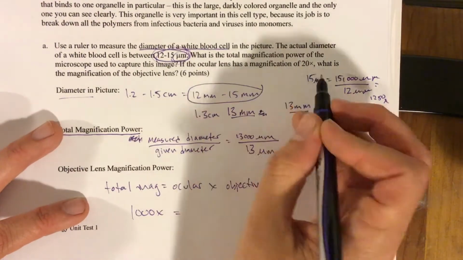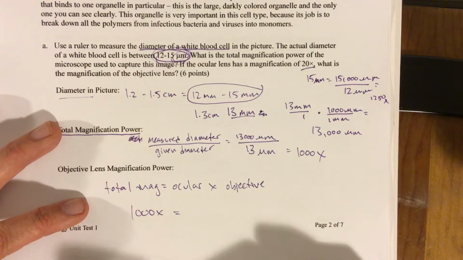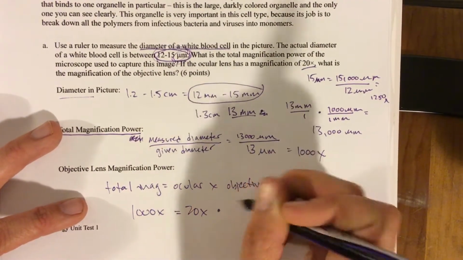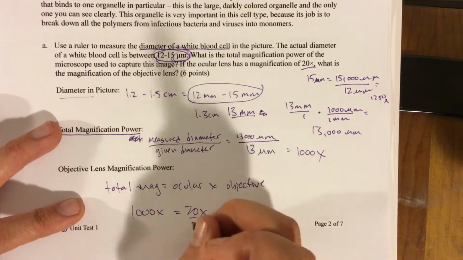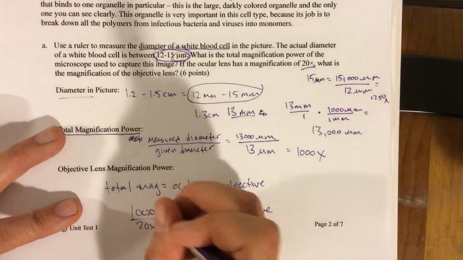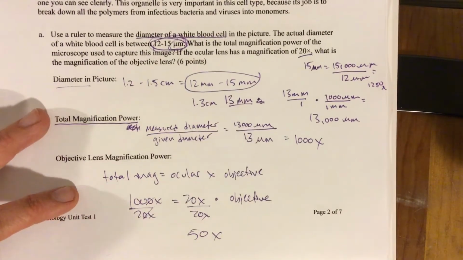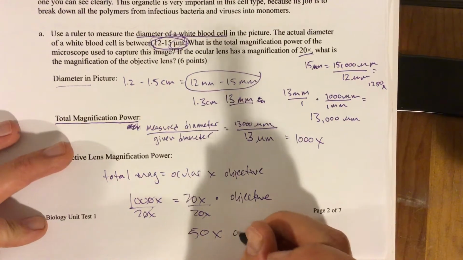We're told that the ocular lens is 20x, which is not what our ocular lens is on our microscope, so you had to actually read it. 20x times your objective. So then you would just divide both sides by 20x, and then you would get, boom, 1000 divided by 20 is 50, and that x stays in there, and that is your objective magnification.